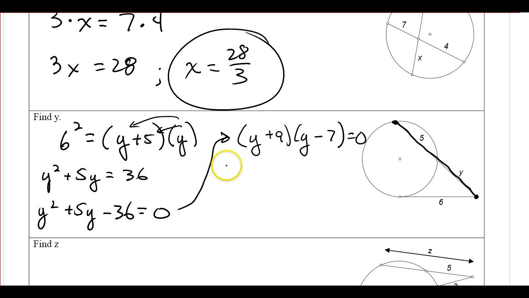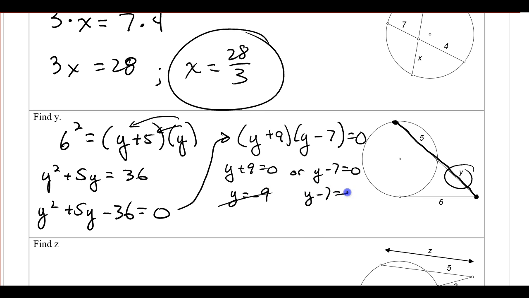So I've got y plus 9 is equal to 0, we have to use our zero product property, or y minus 7 is equal to 0. So this gives us y is equal to negative 9. Sometimes a negative will work, but in this case I can't have a negative segment, so that one's not going to work, which means y minus 7 equals 0, or y is equal to 7. Alright, so there's that one.